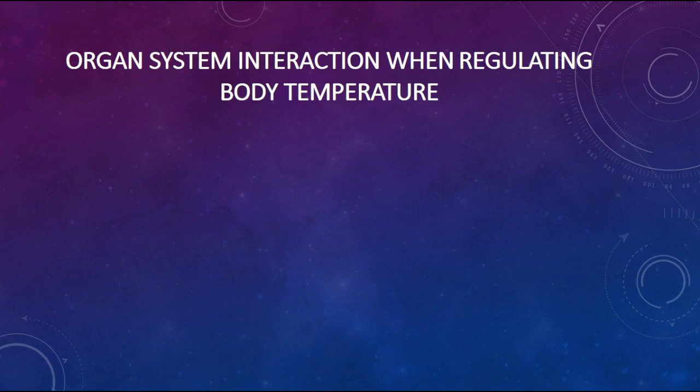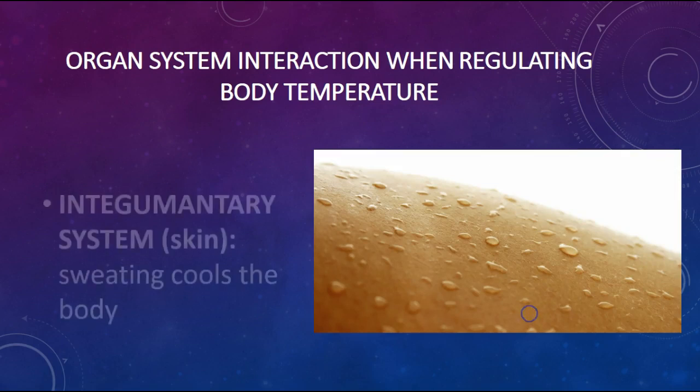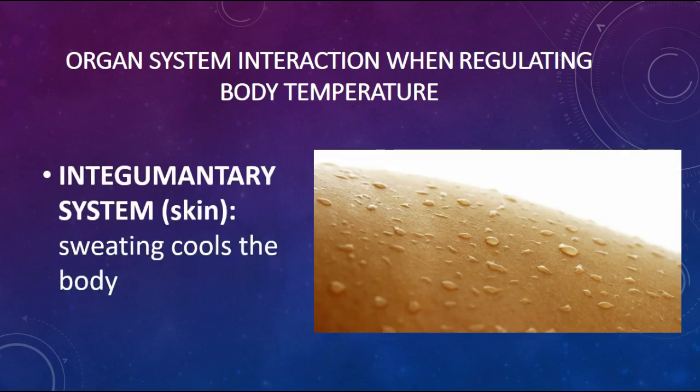So we maybe have never thought about the fact that the circulatory system helps to regulate your body temperature, but it does. When your body temperature is too high, your circulatory system sends blood to the skin, and the skin starts to sweat.